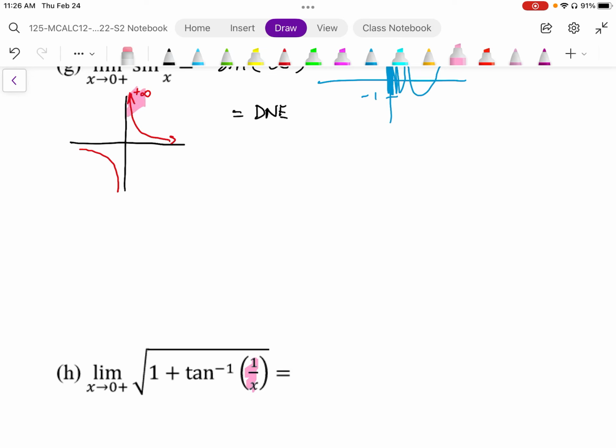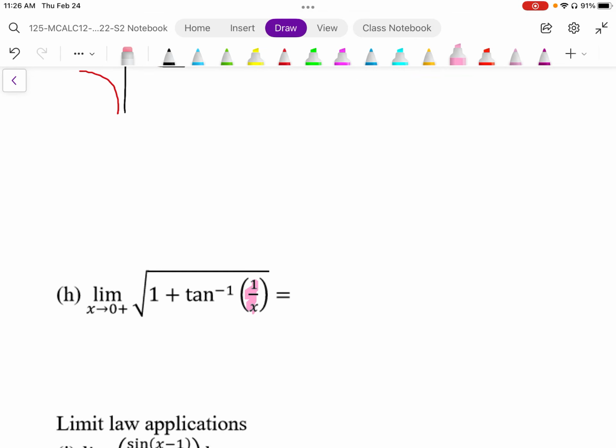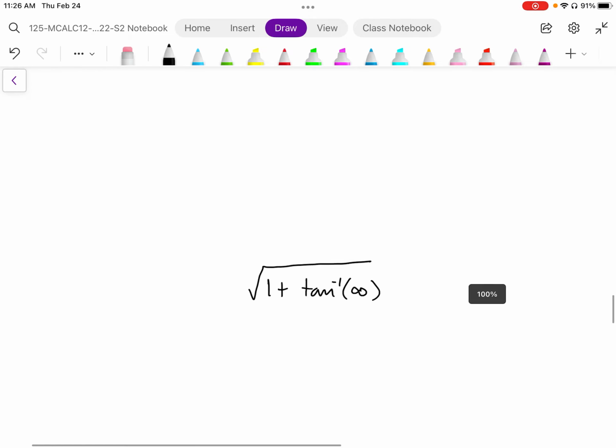As we approach 0 from the positive side, it's going to positive infinity. So when we evaluate this, this is basically going to look like the square root of 1 plus the inverse tan of infinity. Now again, we can't really plug in infinity, but we can evaluate this.